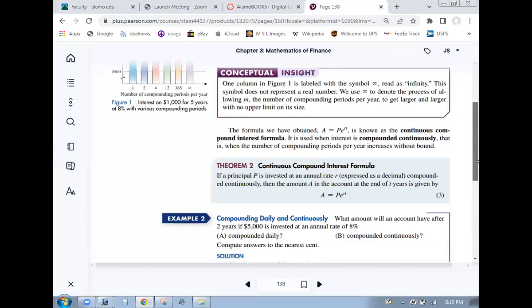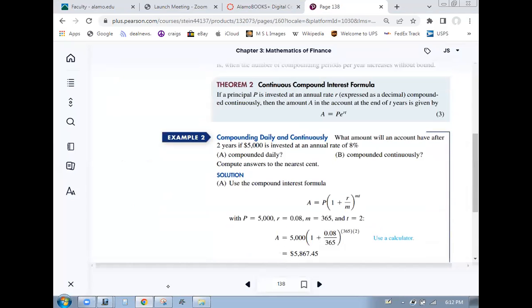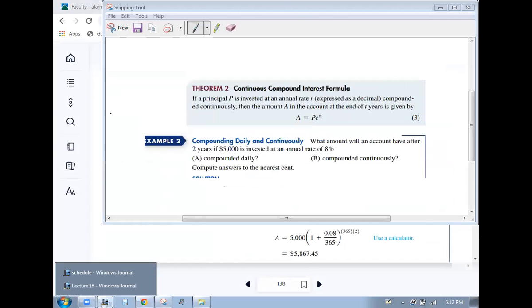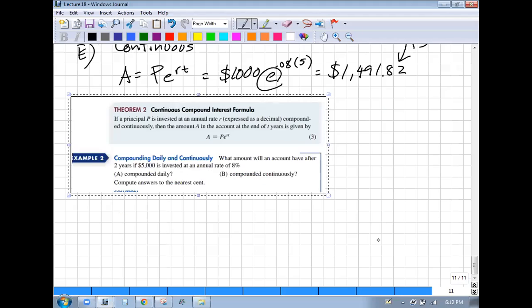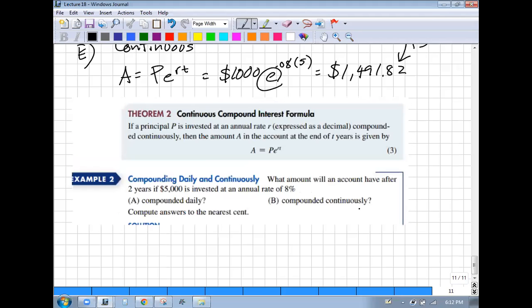Here's the compound interest. I already gave you this formula. All right, what amount will an account have after 2 years?